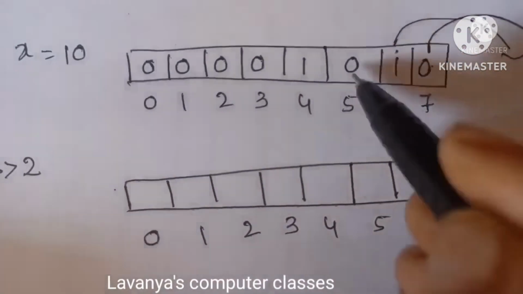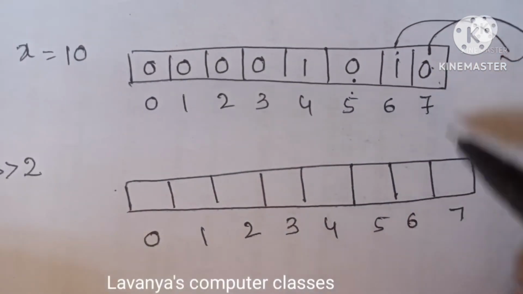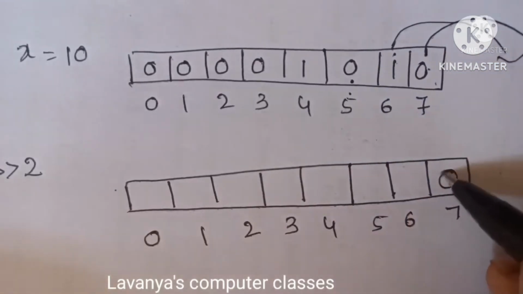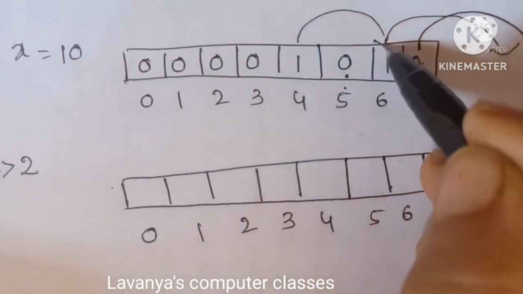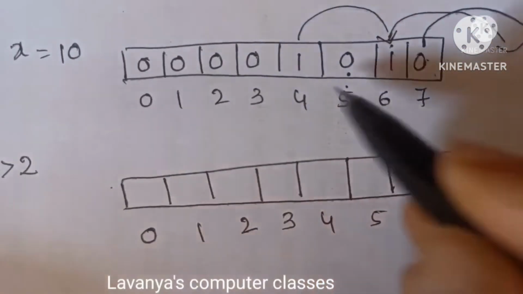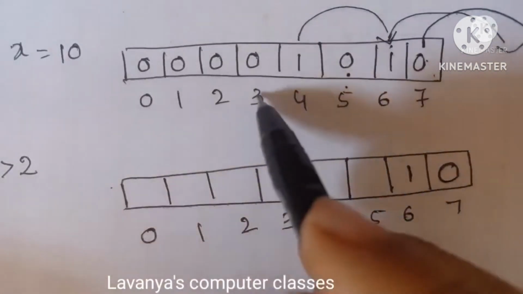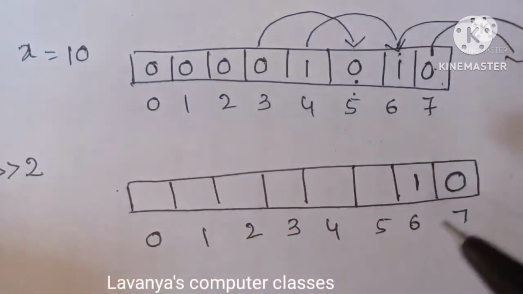Now the 5th place, which bit is there? 0 is there, and that is shifted two places, so it is coming into the 7th place. So the 5th place bit 0 is coming to the 7th place. The 4th one is moved two places right, so it is stored in the 6th place, that is 1 here. The third bit is shifted to the 5th place.